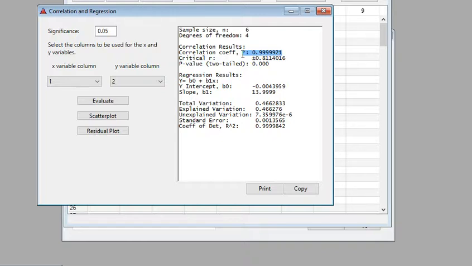We're getting a value of R equal to 0.9999921. Man, that's about as close to 1 as you can get from a set of data. Correspondingly, we got a p-value of 0 to the nearest thousandth. P is 0.000.